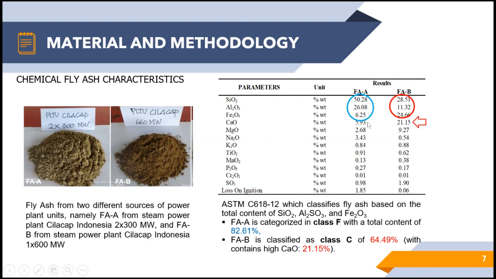And fly ash B is classified as class C with a total content of SiO2, Al2O3, and Fe2O3 of 64.49%, with a high CaO content of 21.15%.